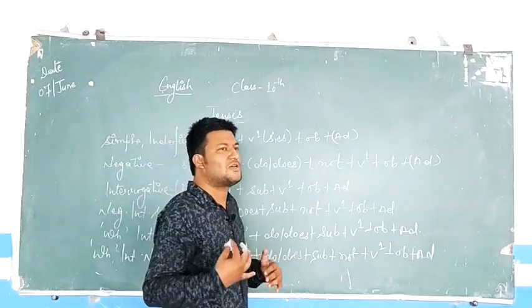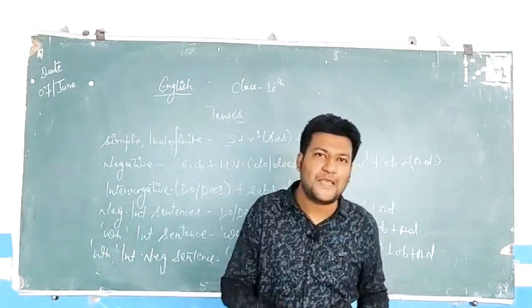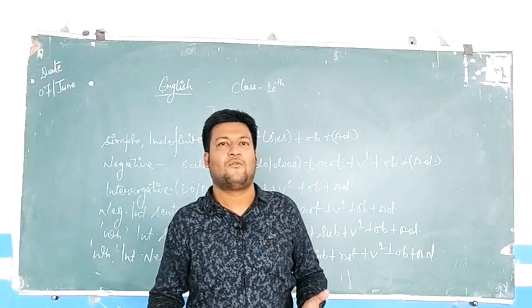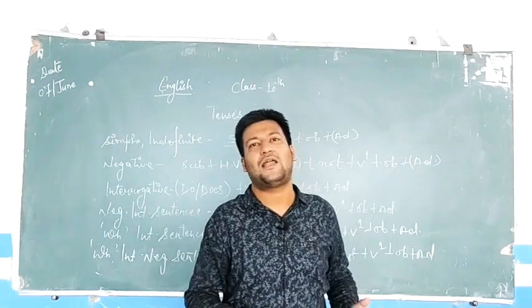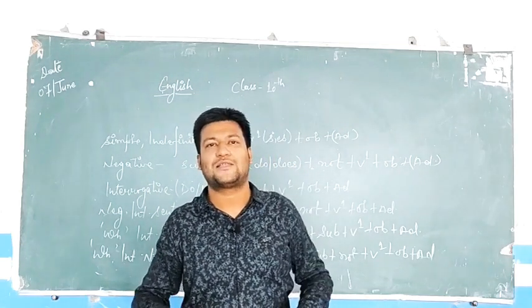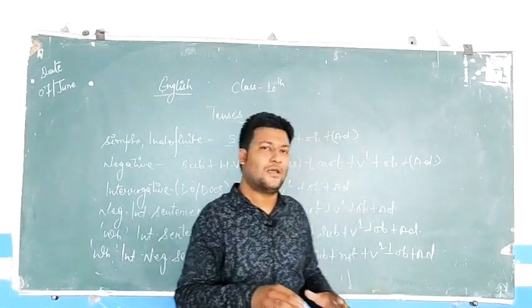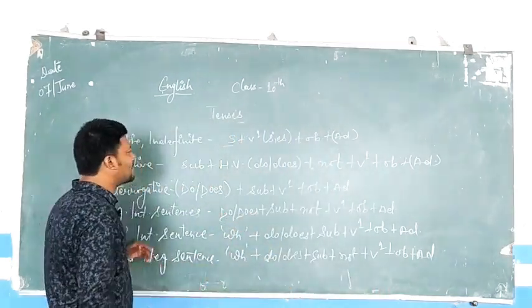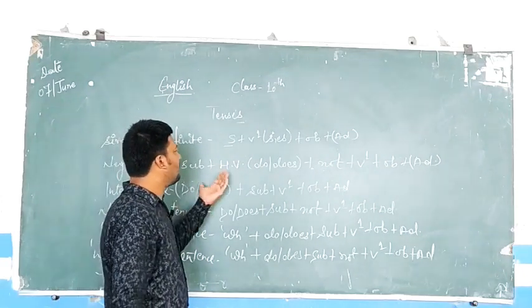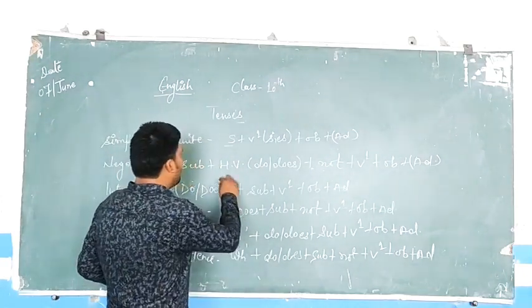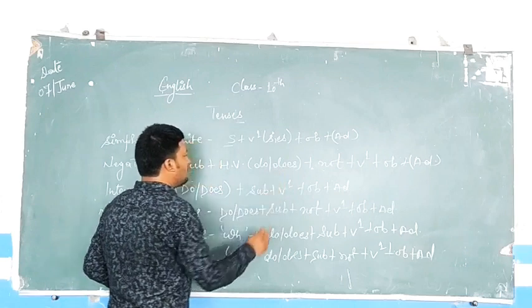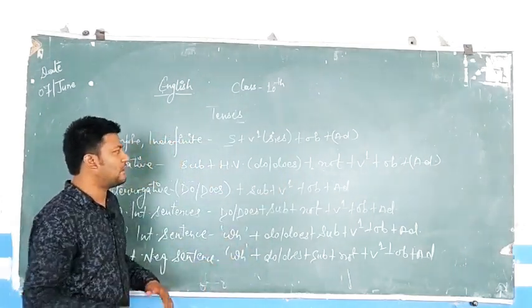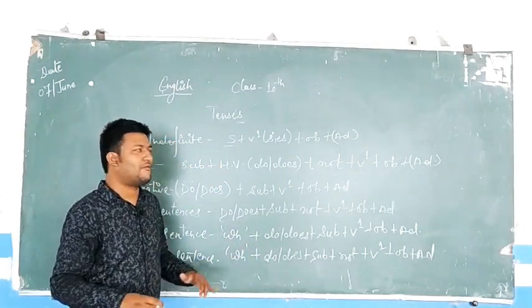Helping verbs are the verbs which help you to identify what tense it is and at what time the activity is going on. It tells us the time. It helps us to identify the time. That is the reason we call it a helping verb. Do or does. Where to use do and where to use does, I will explain.